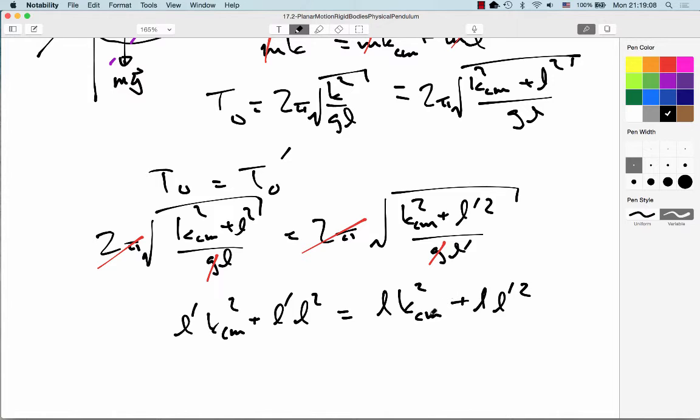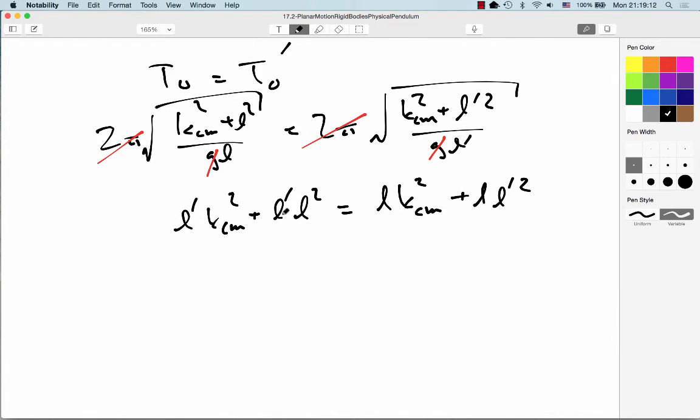Okay, so let's group the K_CM stuff on one side. That will give me K_CM squared times L prime minus L. And I'll put the other stuff on the other side. This will give me L prime squared L minus L prime L squared.